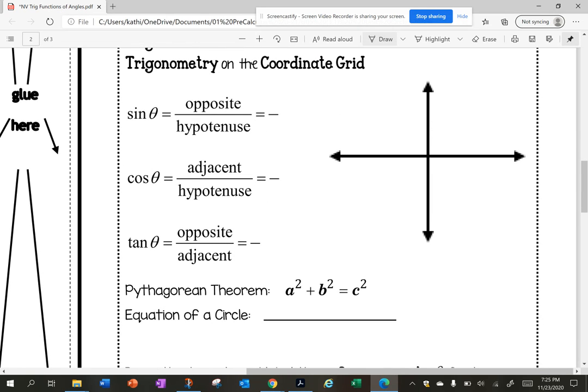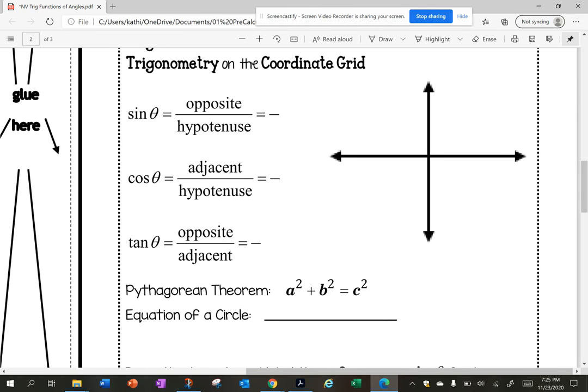So sine is opposite over hypotenuse. If I drew a triangle in the first quadrant here, my right angle is always going to be perpendicular to the x-axis, and theta is the angle that I'm talking about.